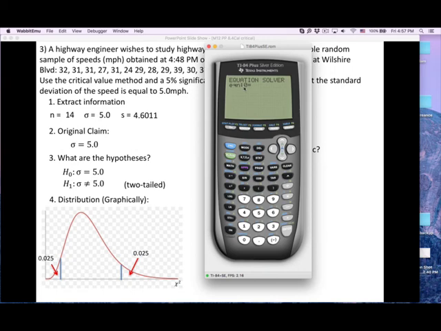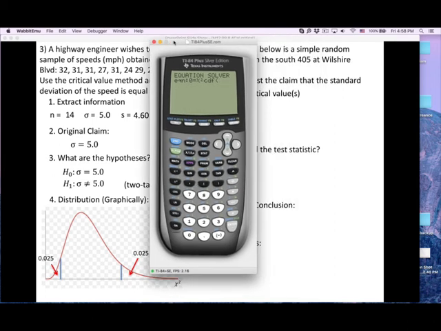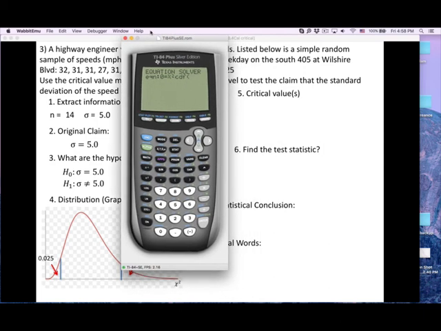Okay, we will have the equal to, 0 equal to. Go to the chi-square CDF. So second vars. Choose the chi-square CDF. And then, let me show you here.